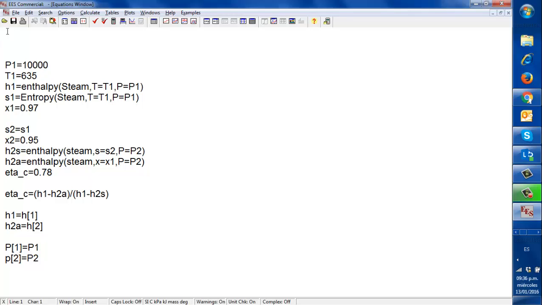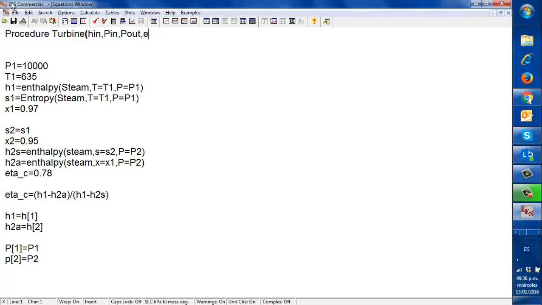So I will say procedure, and I can put any name. I will say turbine, and then I open my arguments. What is the argument? In this case will be H in. I will name it this way. Will be P in and P out.